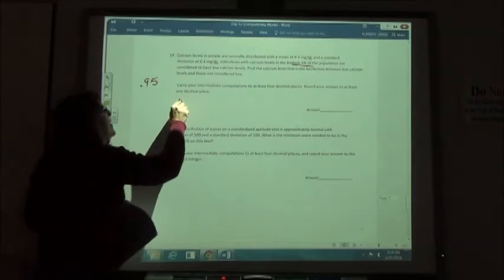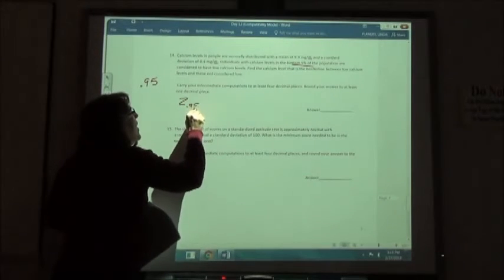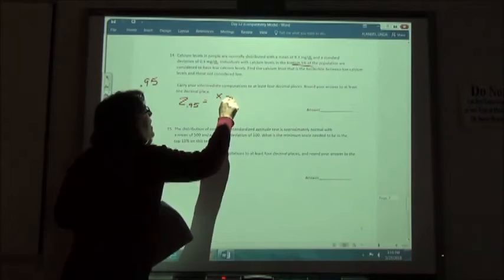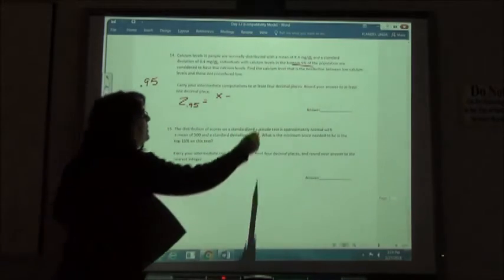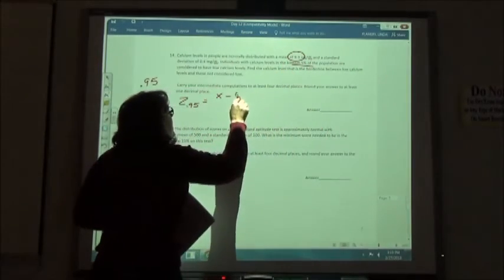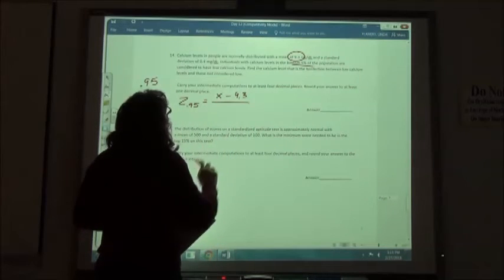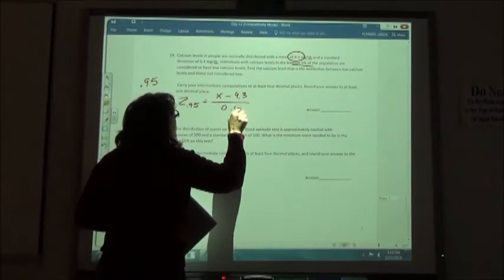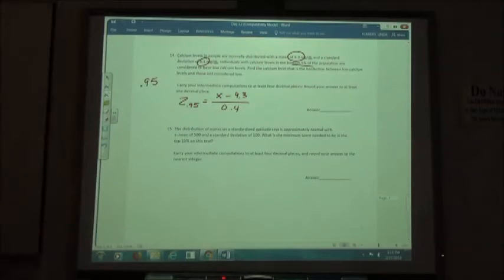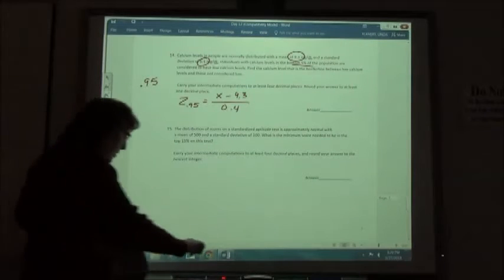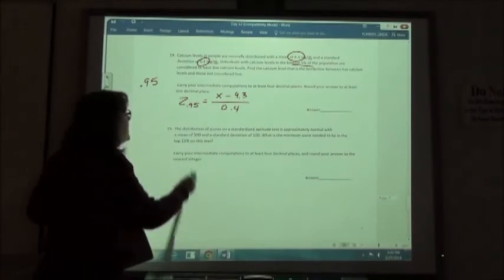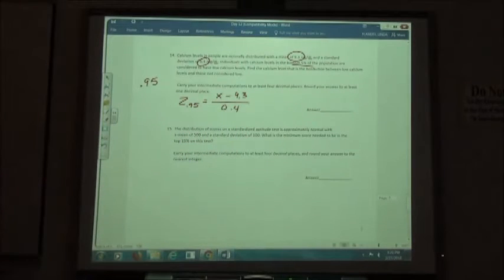So we're going to say Z sub 0.95 equals X minus the mean. The mean is 9.3 over the standard deviation, which is your 0.4. So first thing we're going to do on our calculator is figure out what Z sub 0.95 is.